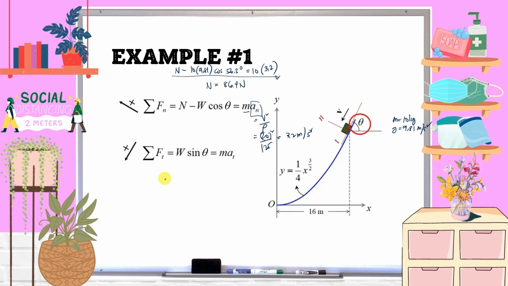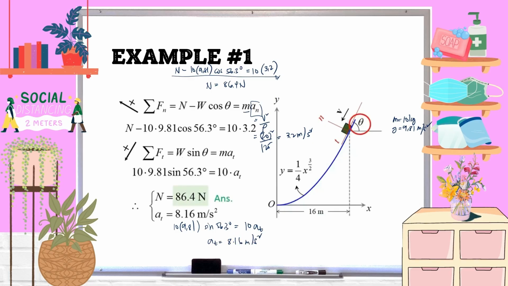And for tangential, we will have 10 times 9.81 sine 56.3 degrees equals to 10 kilogram, which is mass, times a sub t. A sub t is unknown. So therefore, we can solve also for a sub t. That would be 8.16 meter per second squared.